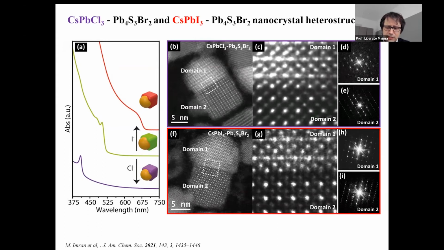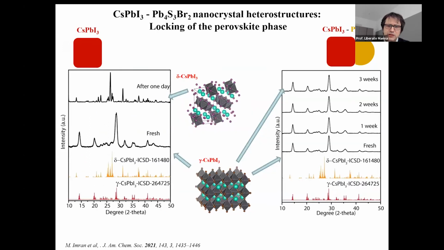Now, again, very interesting, but maybe not so interesting from the applicative point of view, if only for this aspect, which I'm showing in this slide. So if you take a standard cesium lead iodide nanocrystal, you know that a solution or a film of these nanocrystals will quickly change color in a matter of days, because this perovskite phase for the cesium lead iodide is very unstable.